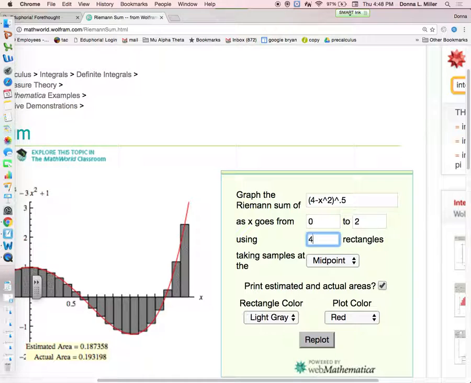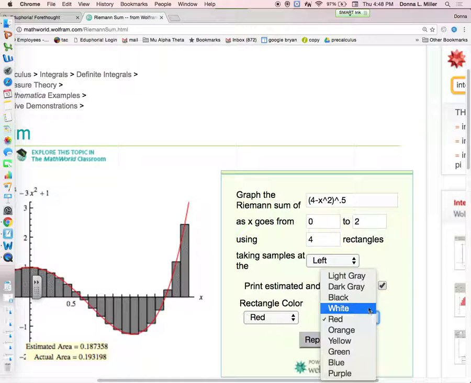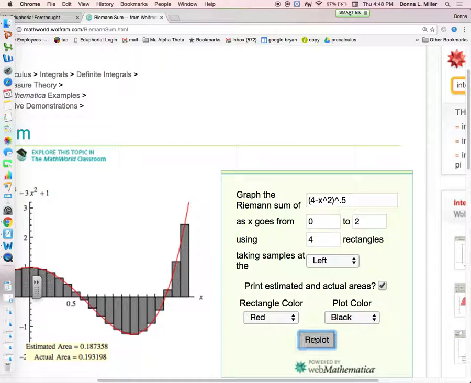And I'm going to use 4 rectangles. And I'm going to start, I guess, with the left-hand sum. I don't like light gray. Let's do red rectangles. All right, and the plot color, we'll do black. All right, replot.